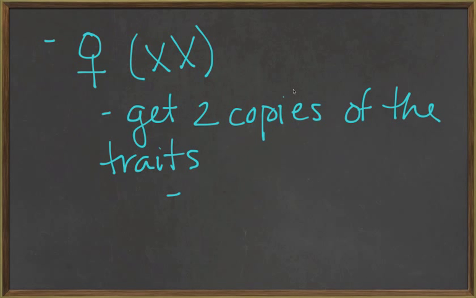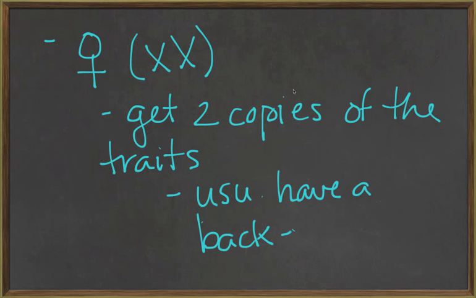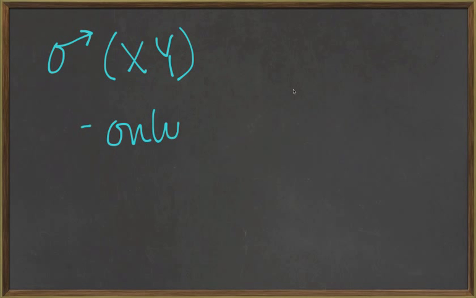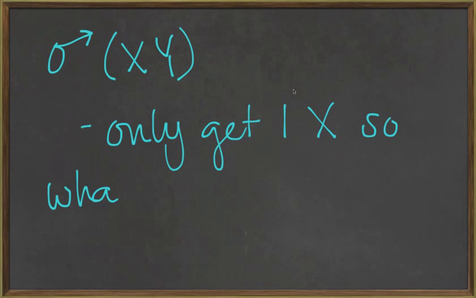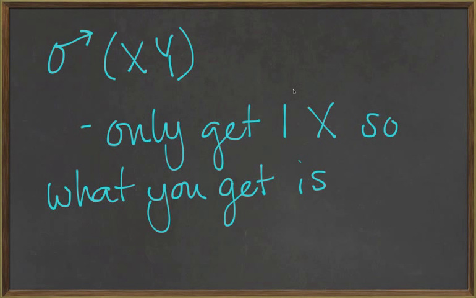What this means for my females is they usually have a backup. You have a safety. You have a backup. My males, on the other hand, remember you are XY, you only get 1 X. So, what you get is what you get.